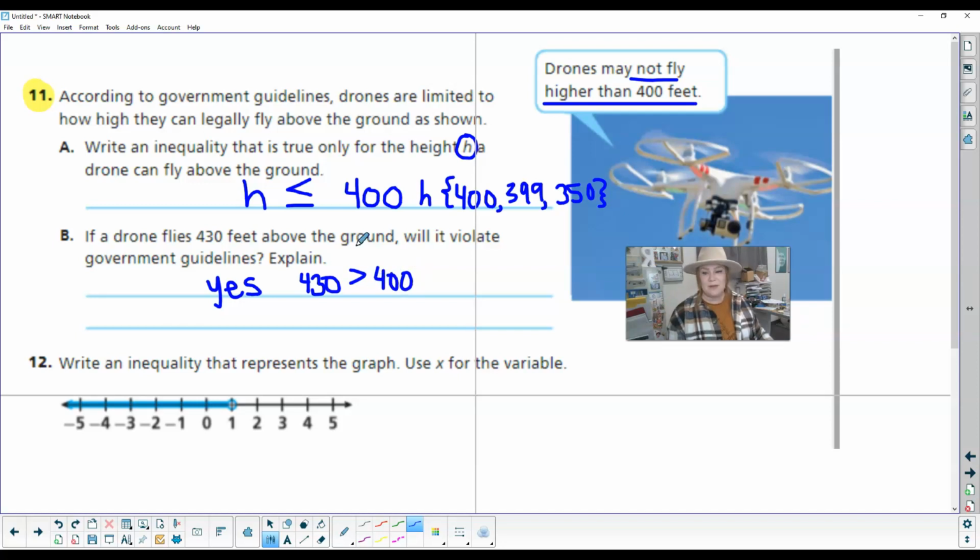We can't be above 400. Every time you're writing these inequalities, you need to think about what this variable can be. Write yourself that solution set to double check. It's really easy to flip these signs sometimes.